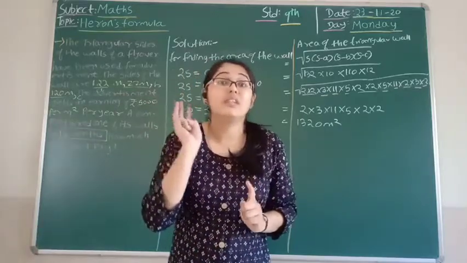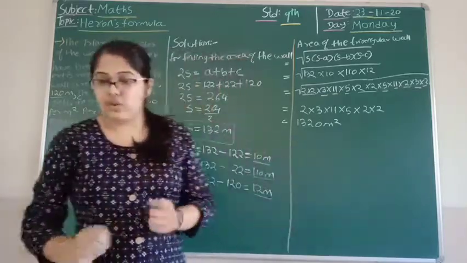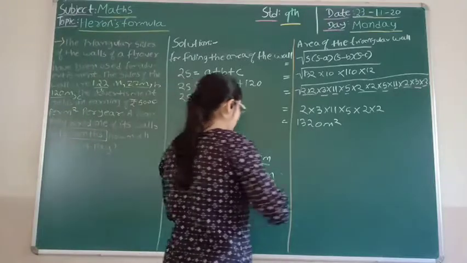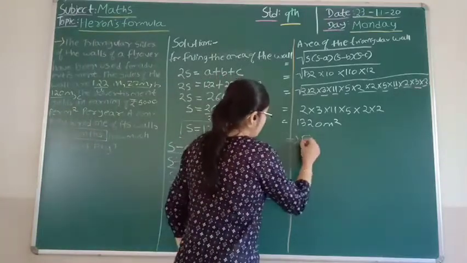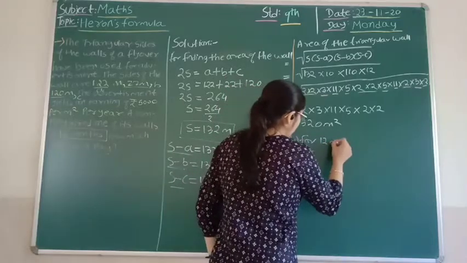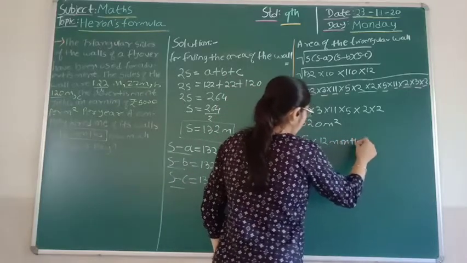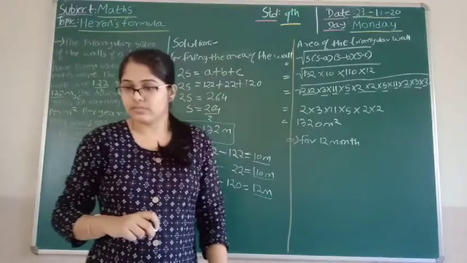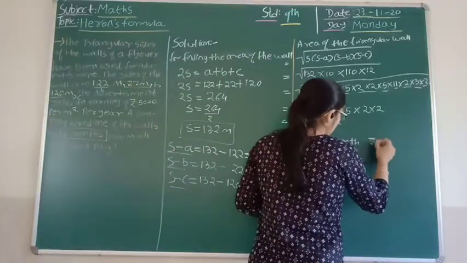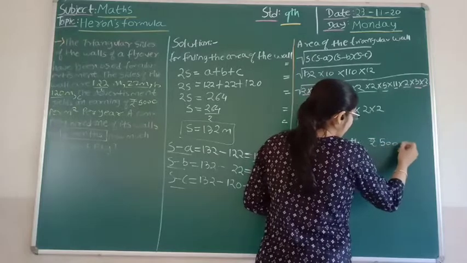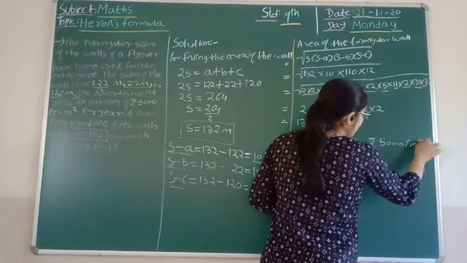So I can write over here, for 12 months it is 5,000, I can write this as per meter square, right?